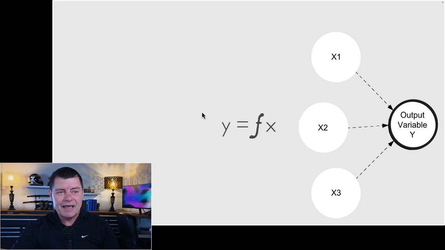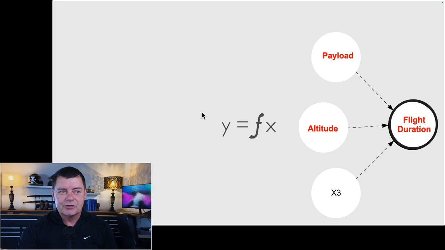Now, as an example, on the screen, let's just say we were measuring flight duration of an aircraft. What would be the variables that affect flight duration? Well, payload, how much load the plane is actually carrying. Number 2, the altitude that they fly at, and wind speed, and so on and so on and so on.